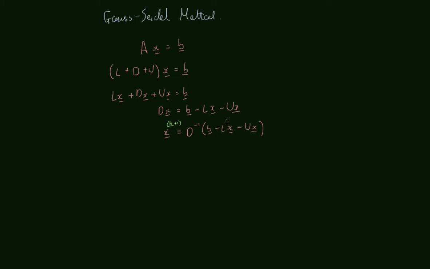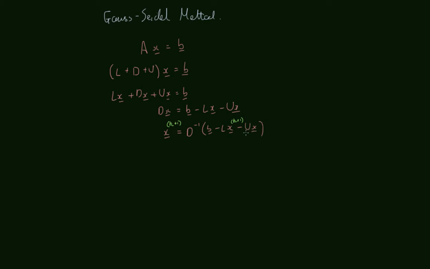For the Gauss-Seidel method, L times x only includes the lower triangular elements of A. As we go through our elements of x, we've already calculated these values for the new iteration, so I use those values, with superscript k plus 1.